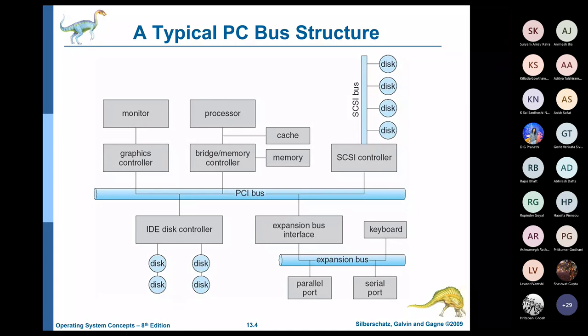For example, there can be expansion buses through which keyboards and other serial and parallel devices, for example, a mouse, can be connected. And there can also be other buses to handle data storage devices, like the iSCSI bus.